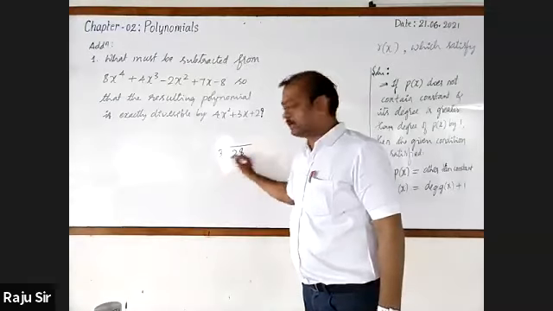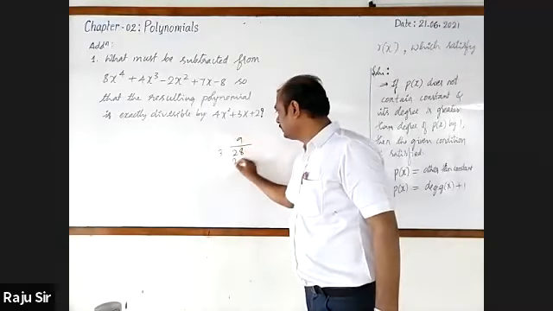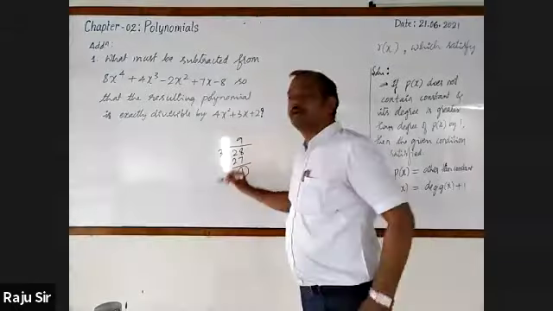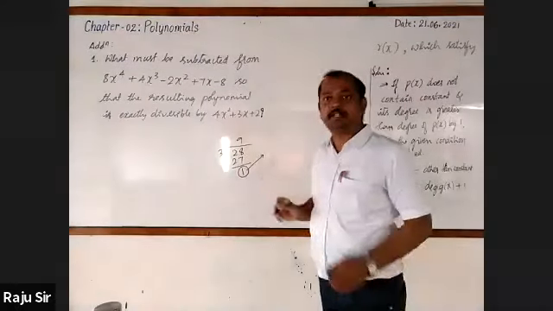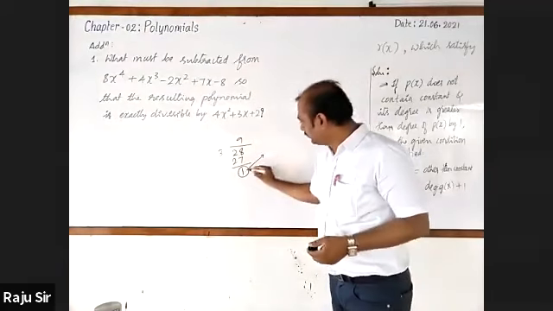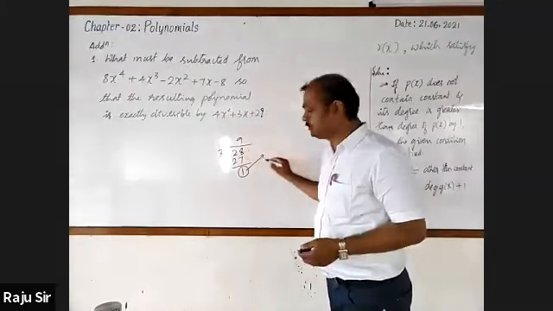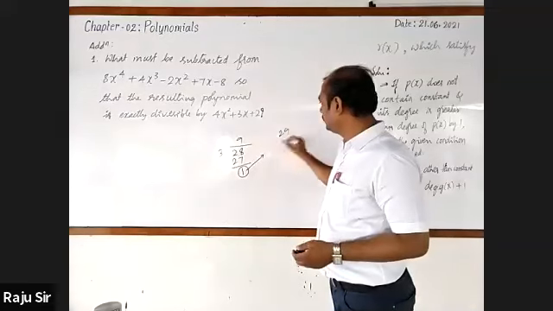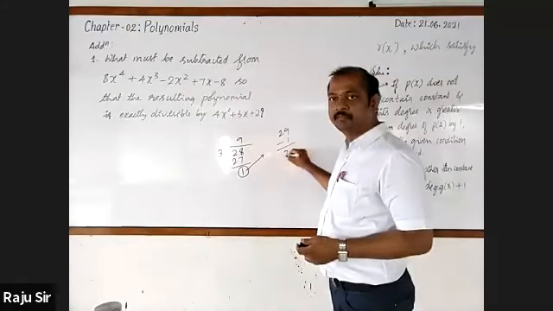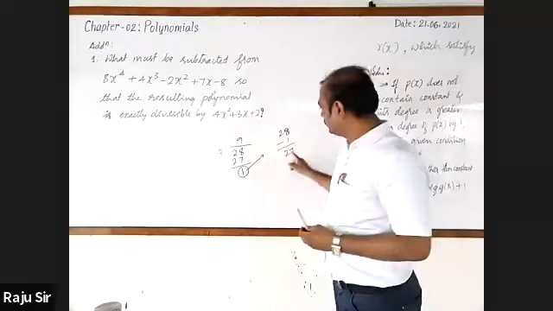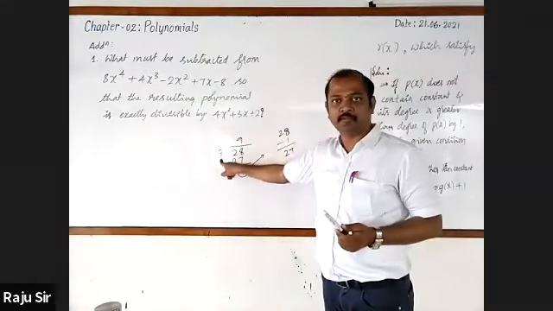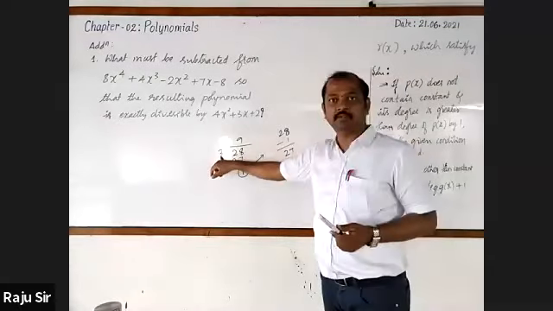Now you just observe it. 3 nines are 27. Remainder is 1, which means there is 1 extra in the given number. If I subtract this remainder in 28, 28 minus 1, how much it will be? 28 minus 1 is 27. 27 is the multiple of 3. Now this is divisible by 3.